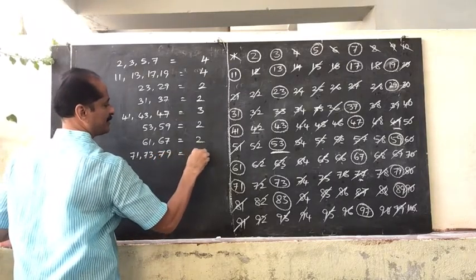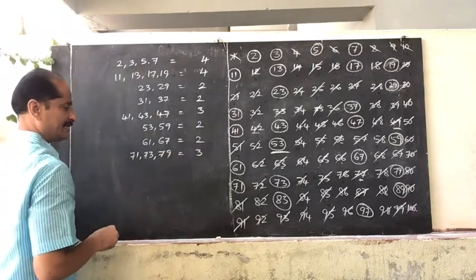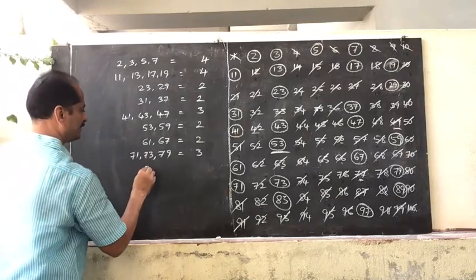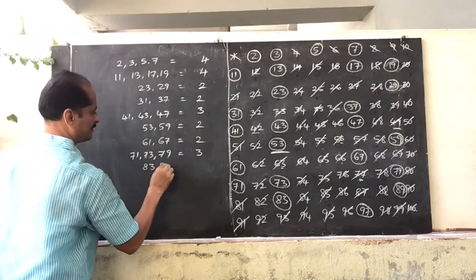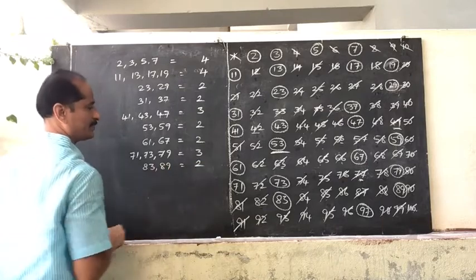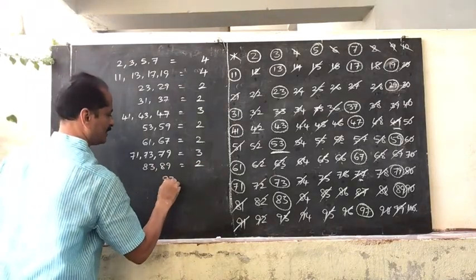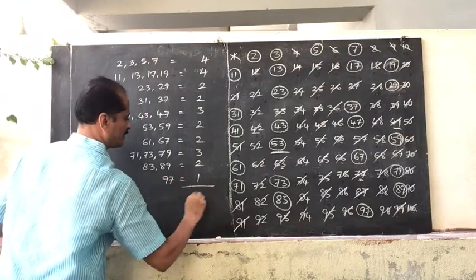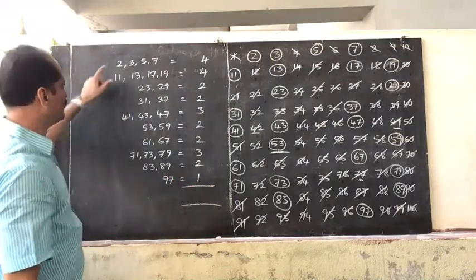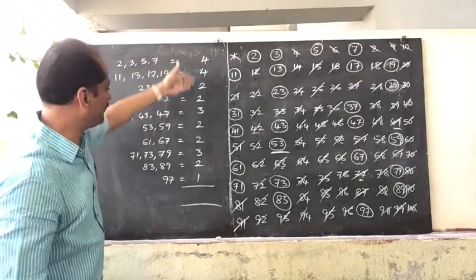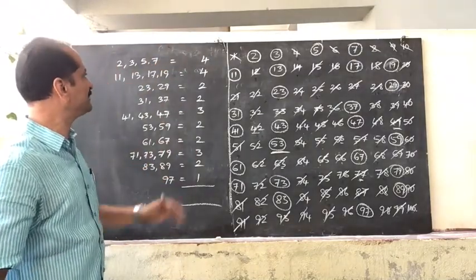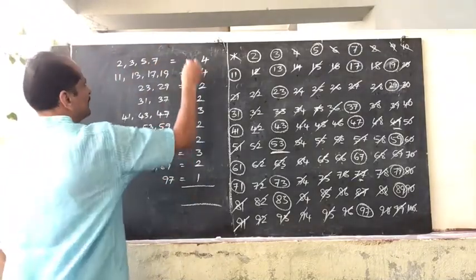Here we have 3 prime numbers. And 83, 89. Here also we have 2 prime numbers. 97. Only 1 prime number here we have. In between 1 to 100, totally prime numbers are these, and composite numbers we can write here. These are primes.